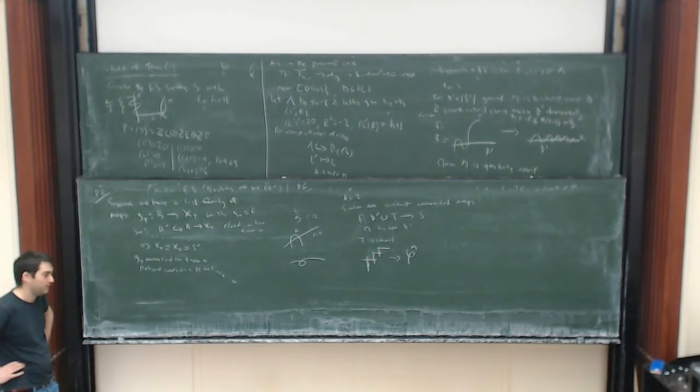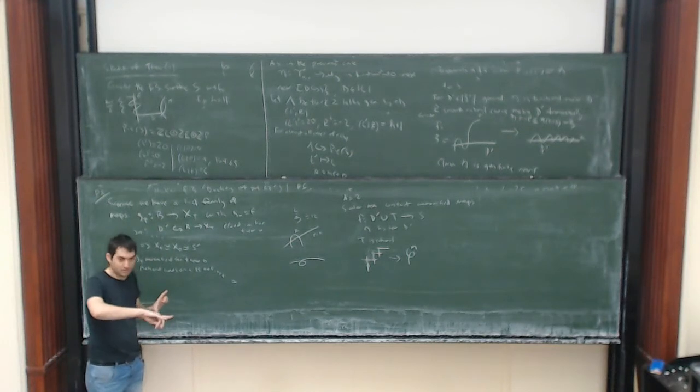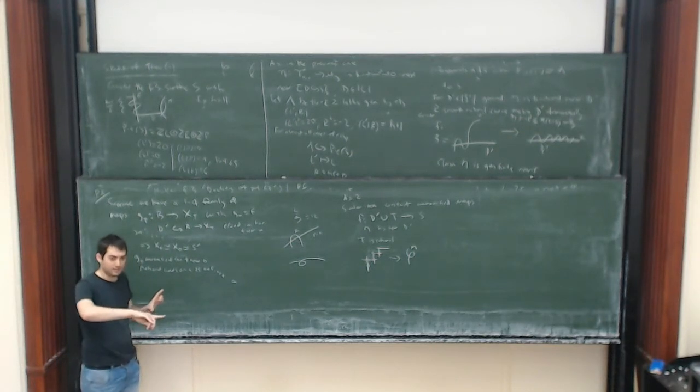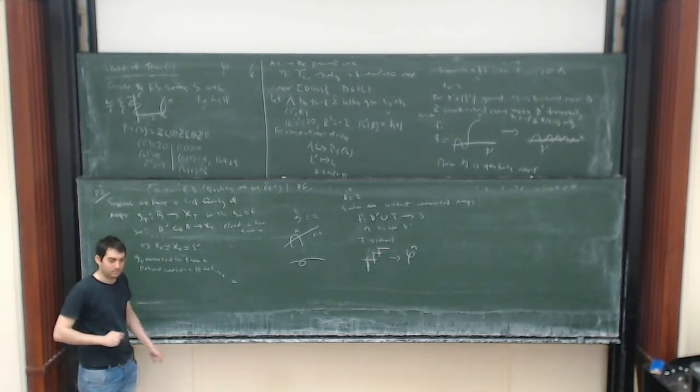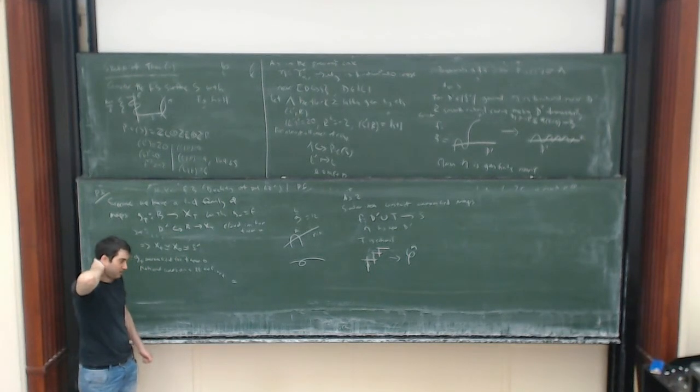Oh, so you're asking for the surjectivity of this map eta. In the case, oh, you're allowed to vary K as well. It's not clear.